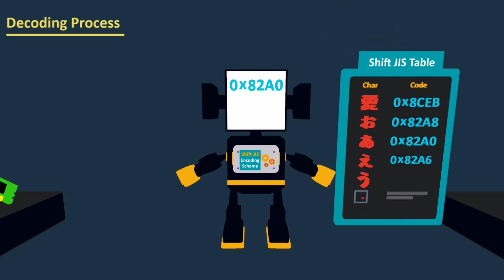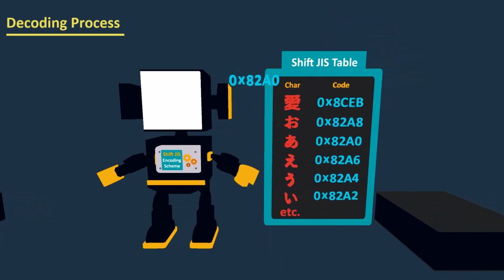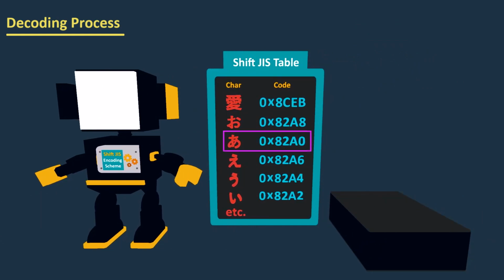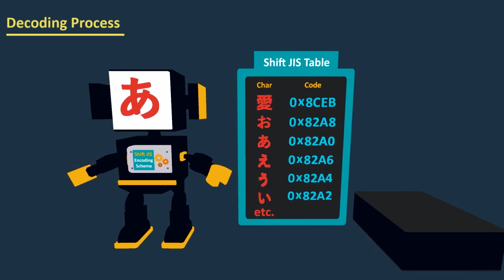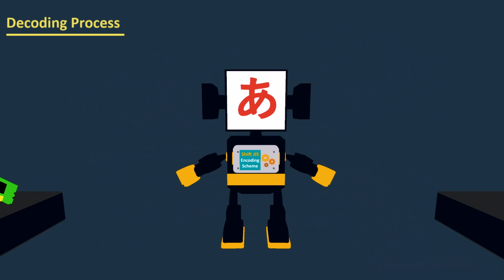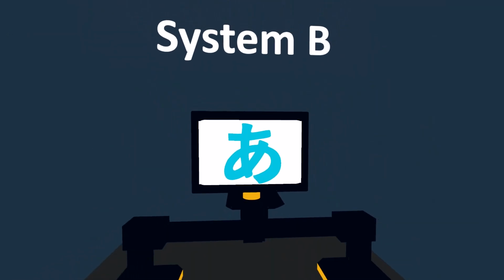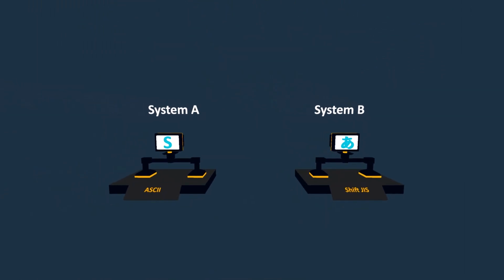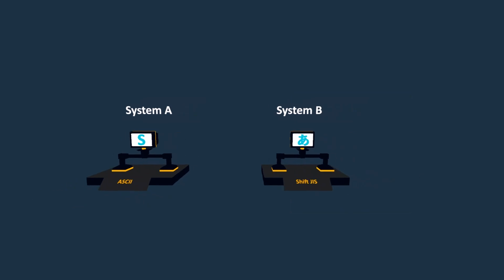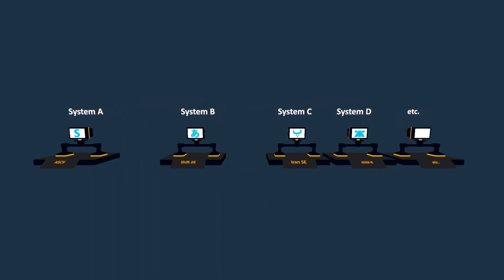As you can see, the decoding process is the same as we previously explained, and thanks to the ShiftJIS encoding scheme, we can correctly see the Japanese characters on the screen. In the same way, just like how we use ShiftJIS for Japanese characters on System B, other languages may need their own unique encoding schemes to display their characters correctly.